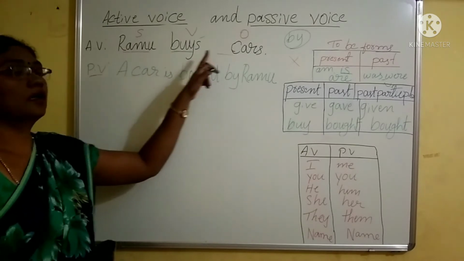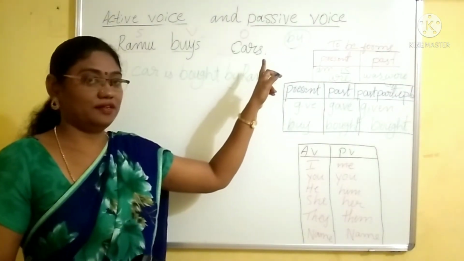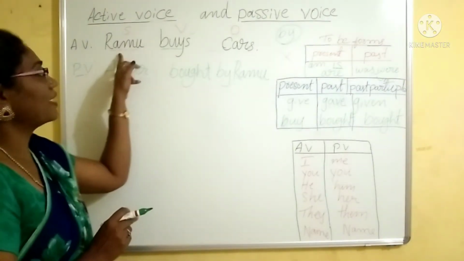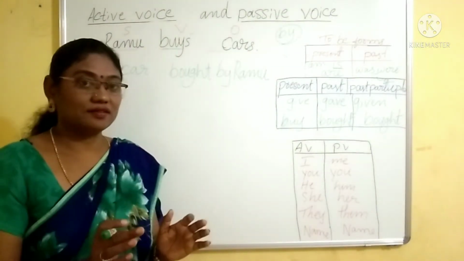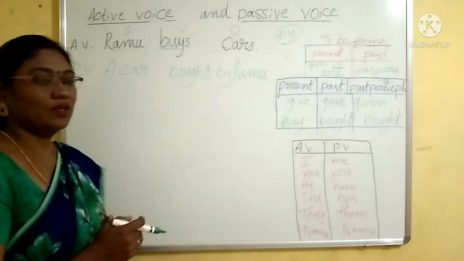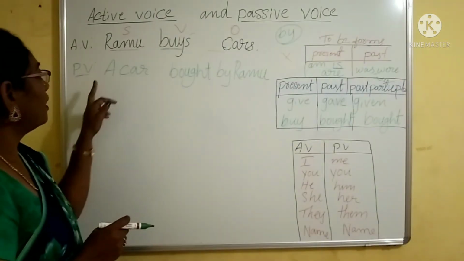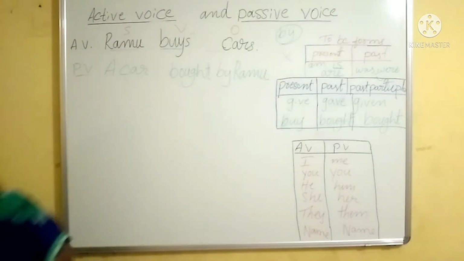Ramu buys cars. I have changed the object here. Ramu buys cars, meaning he buys more than one car. Then, are there any changes? Yes. A car, I have to rub this.